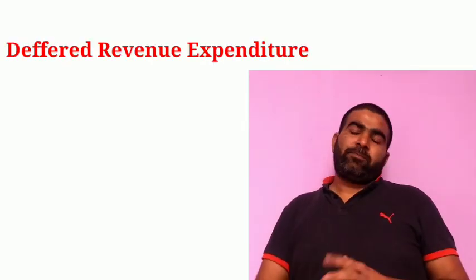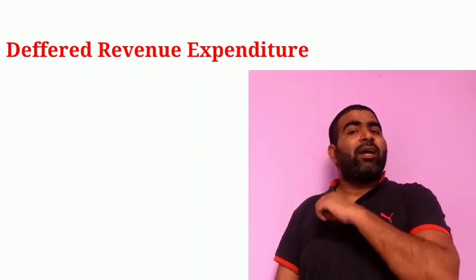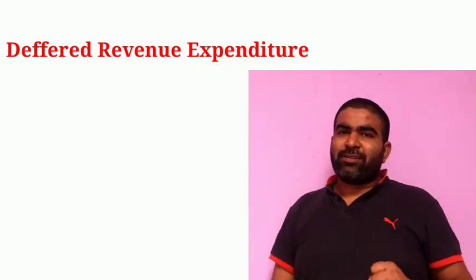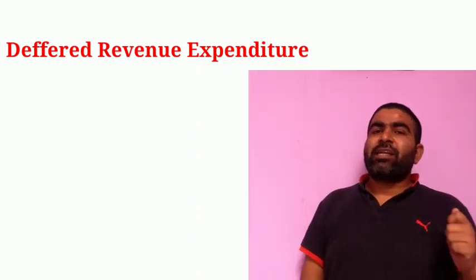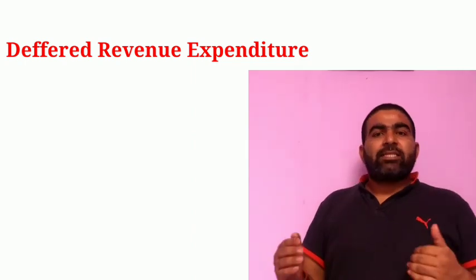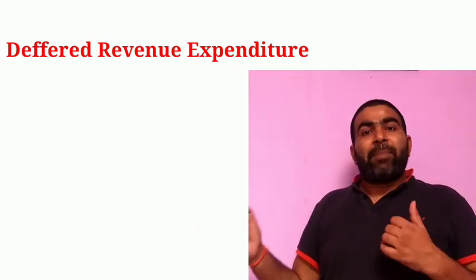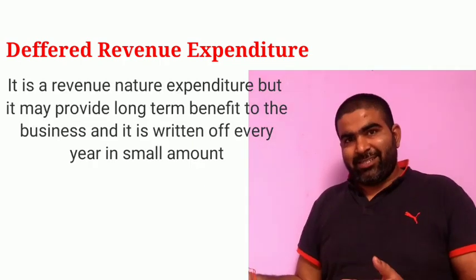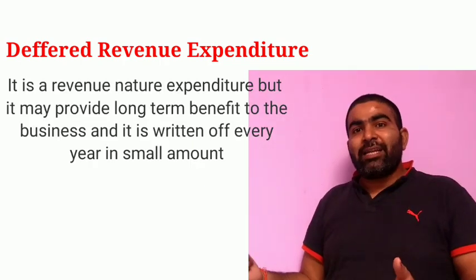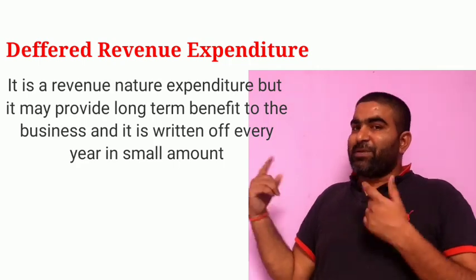Now the third is deferred revenue expenditure. What do you mean by deferred revenue expenditure? It means an expenditure which is in the nature of revenue, but it may provide long-term benefit to the business.